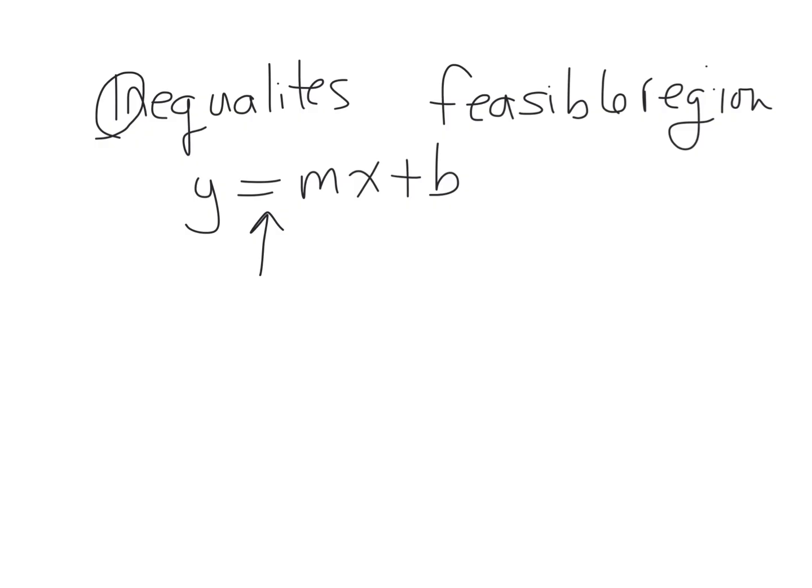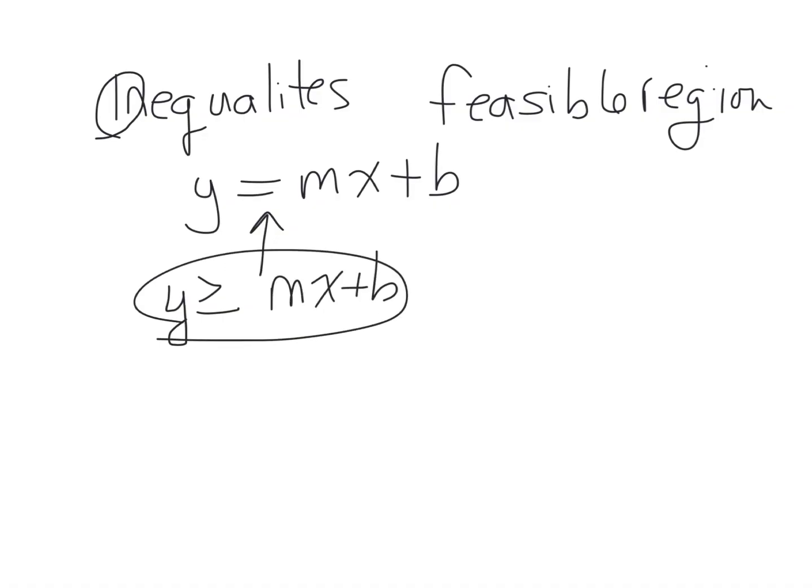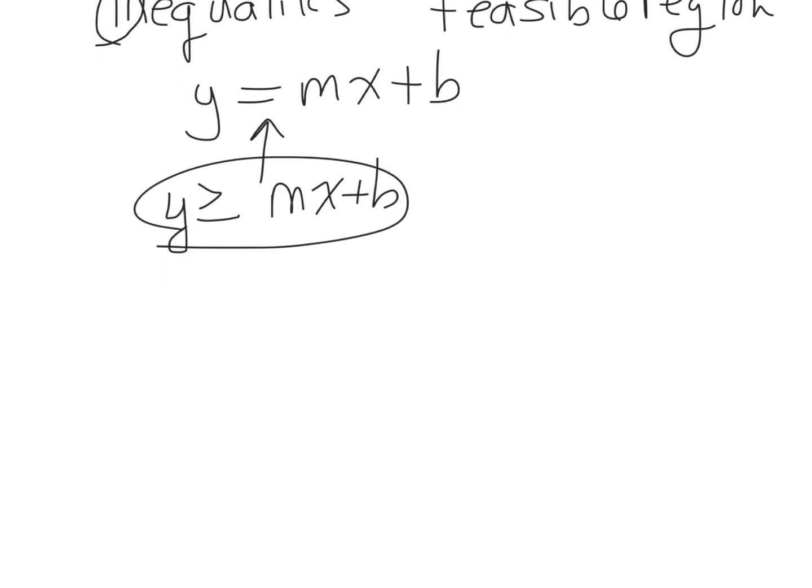So we may have y is greater than or equal to mx plus b. Well, we would rarely be looking at something like that. But in the case of certain conditions, for example, we might say they have to work at least so many hours.